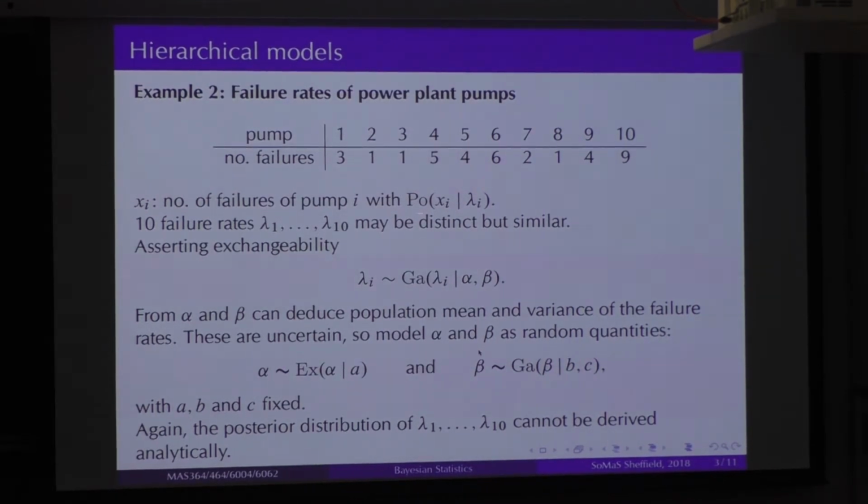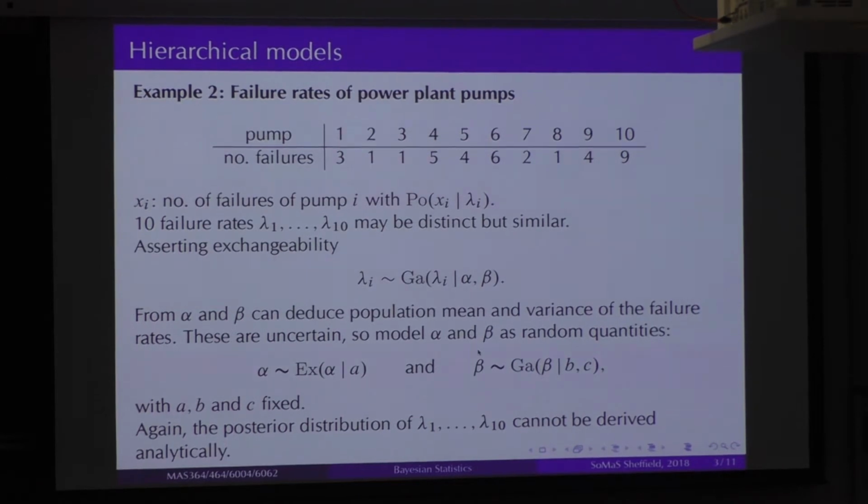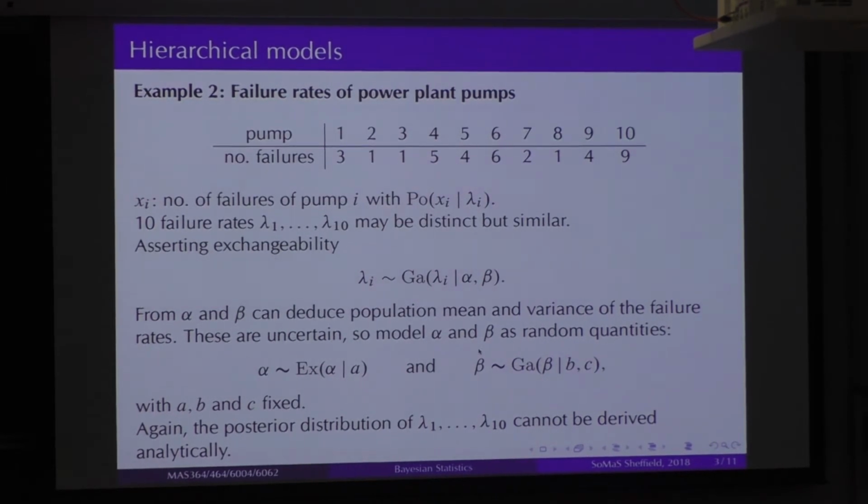One probably sensible model is to assume that the data come from a Poisson distribution, and each pump will have a different failure rate. We could assume that all of them have the same failure rate, but probably they are not similar enough to be treated that way. So every single one will have a different rate, but we will assume that these rates are related, okay?